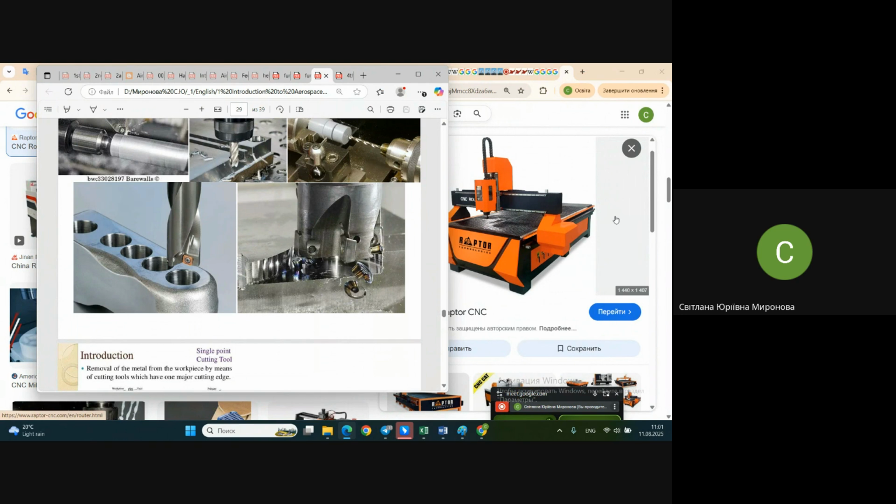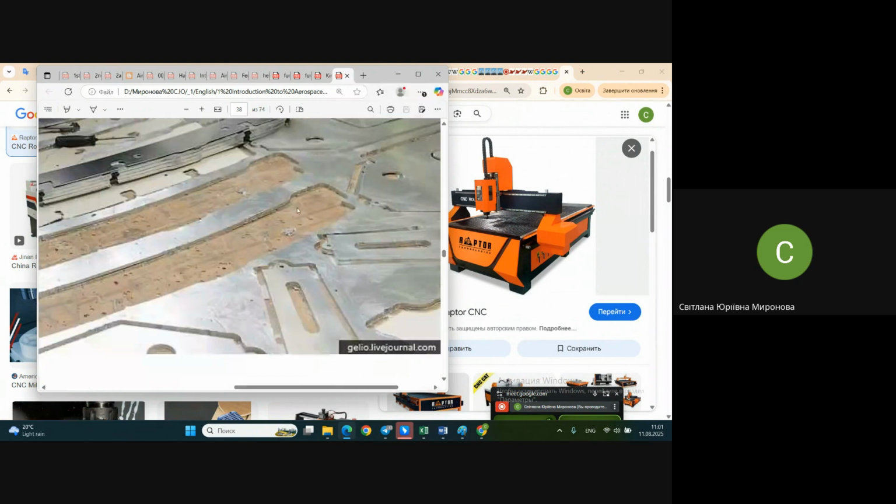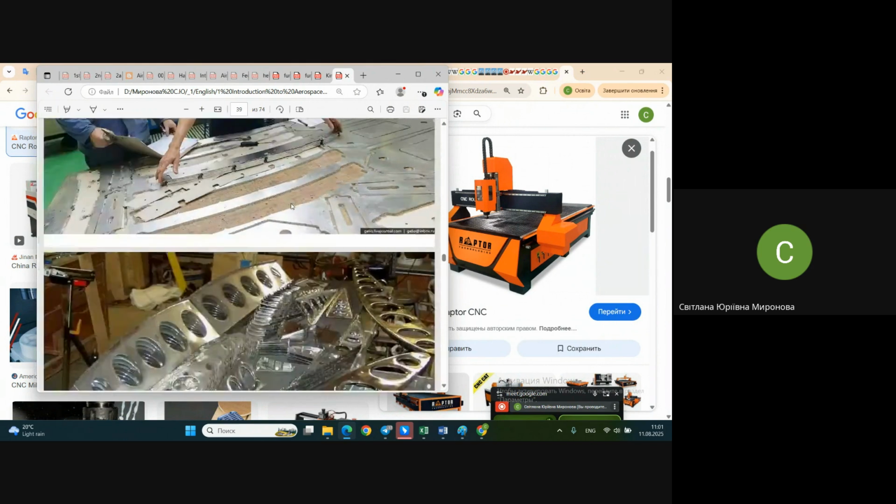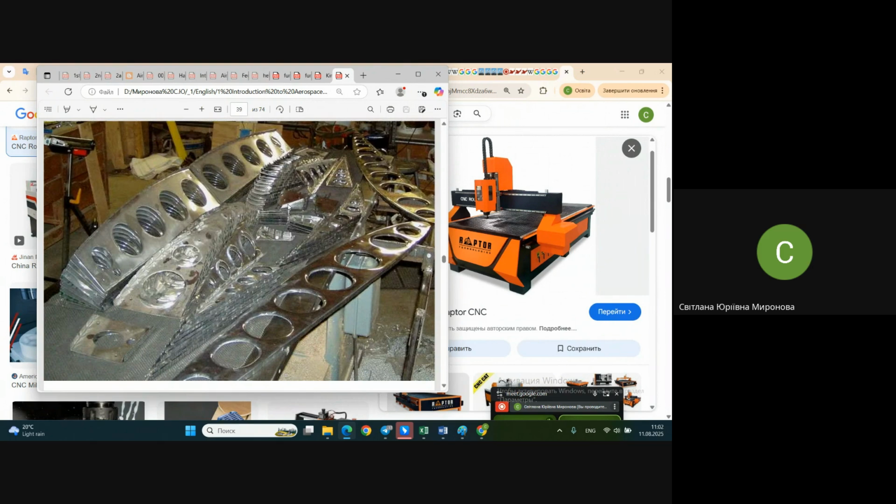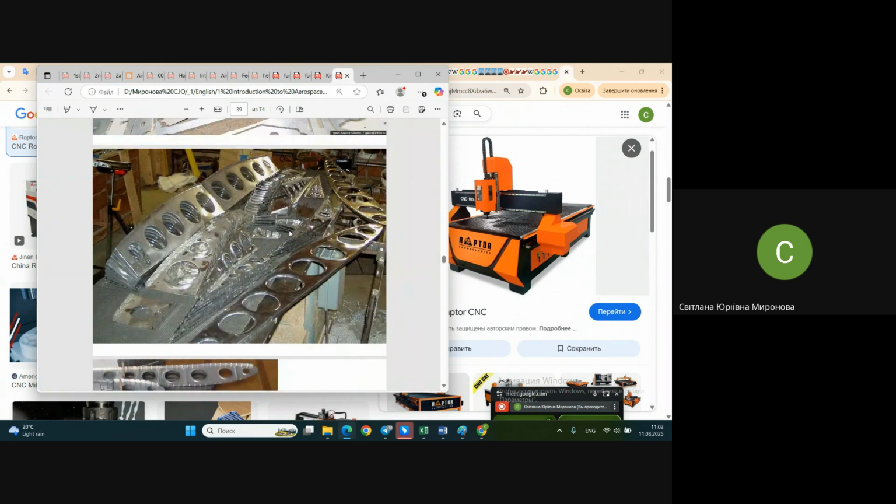But on the other hand, if we need big shapes, like ribs, for instance, or webs of ribs, or webs of spars of a big passenger or cargo airplane, the size of the die is enormous in this case, and it's not rational to use dies. And wherever it's possible to use conventional machining, of course, it will be used. Whether it's shear cutting, conventional cutting by blades, single point or multi-point, or abrasive cutting, wherever it's possible, it's better to use them.